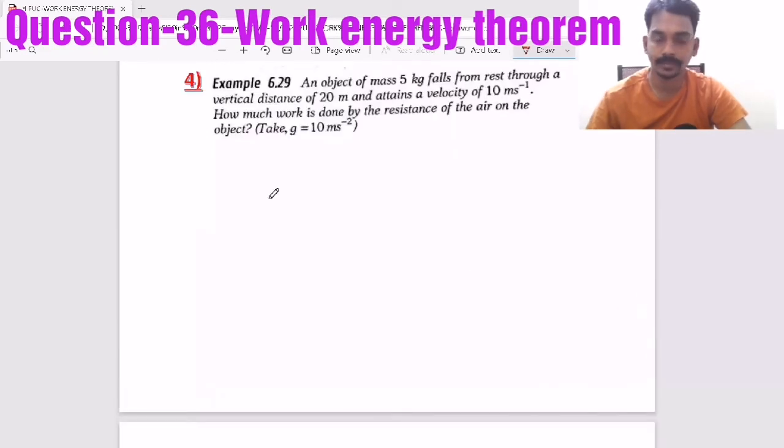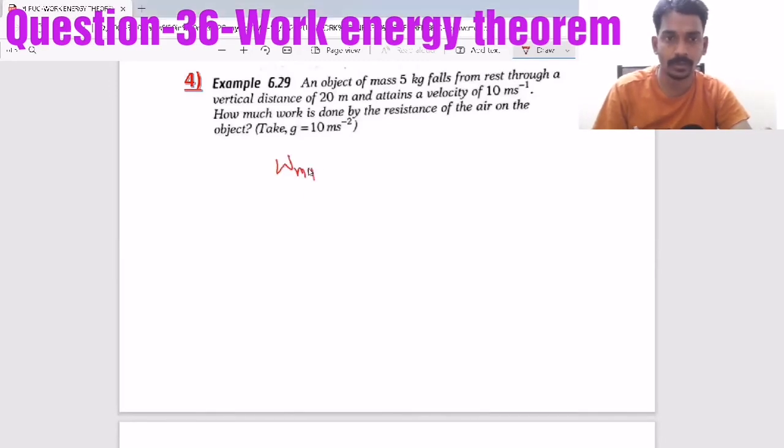Now the next question. An object of mass 5 kg falls from rest through a vertical distance of 20 meter and attains a velocity of 10 meter per second. How much work is done by the resistance of the air on the object? So it falls from rest through a distance 20 meter. That means there is some work done by gravity.